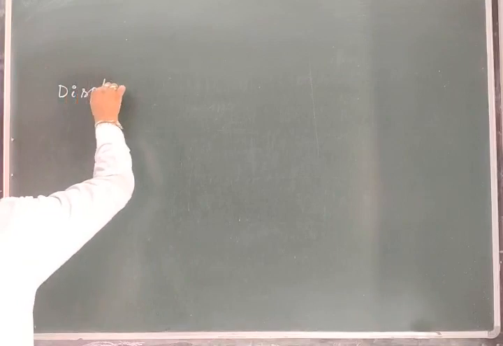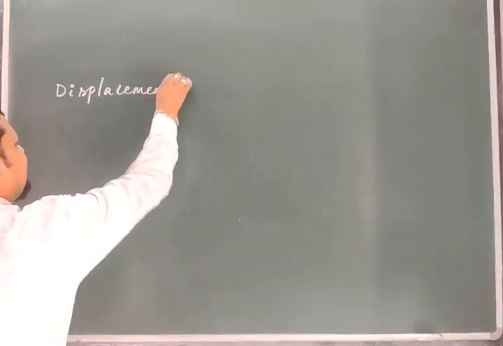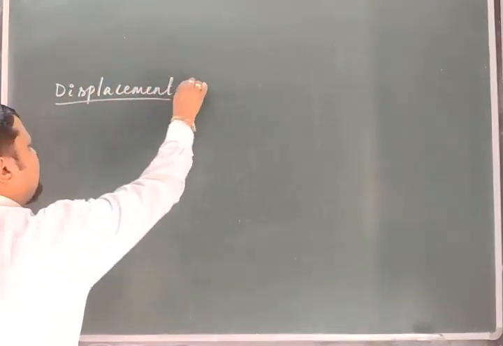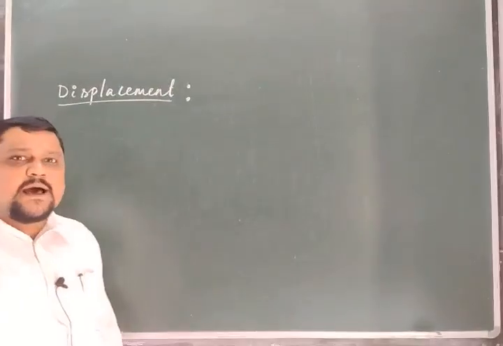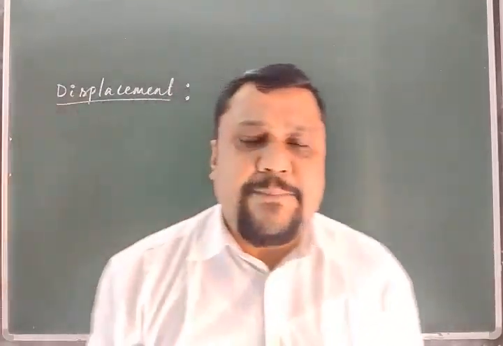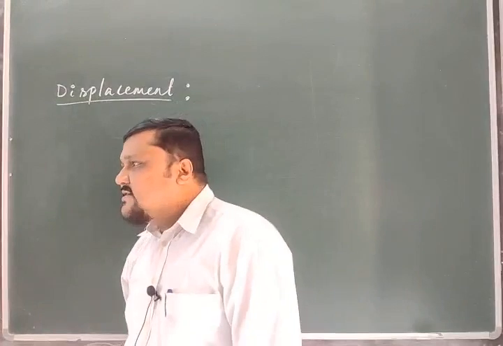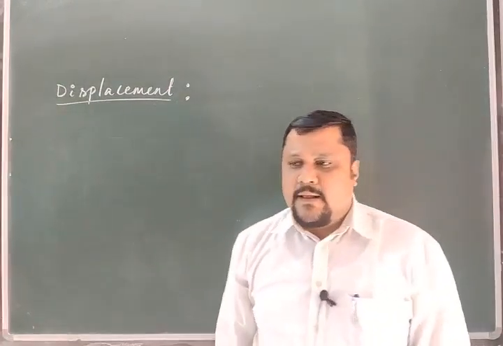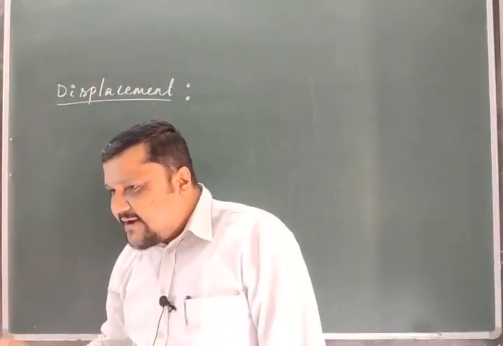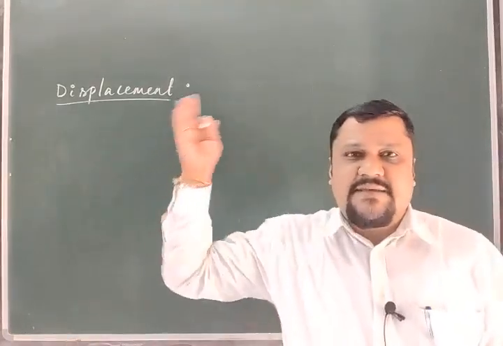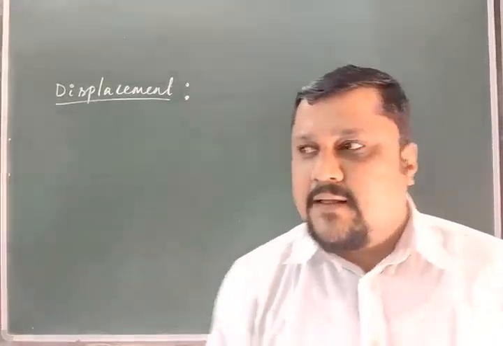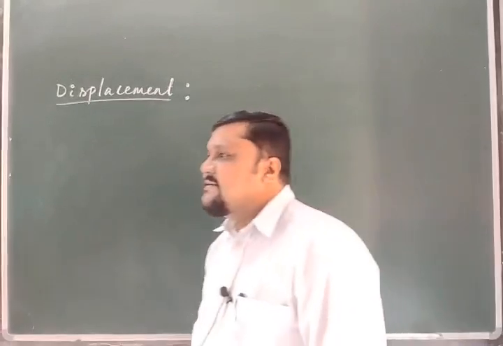that is the distance. Then another most important one is the displacement. What is this displacement? And remember, distance and displacement are different things. While discussing unit and dimension, we said that yes, the dimensions of distance and displacement are the same, but physically the concept is different.